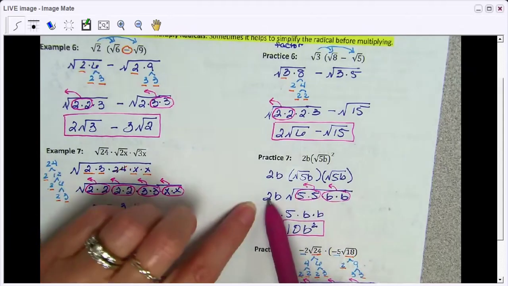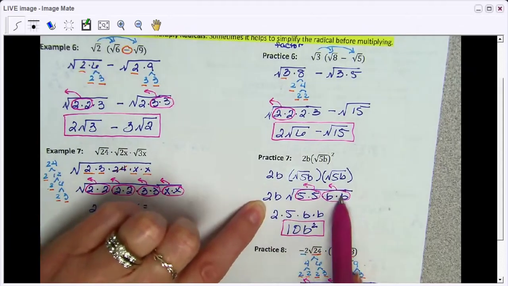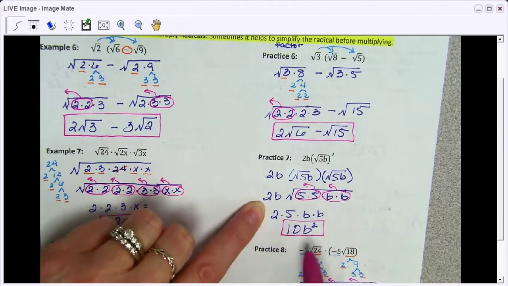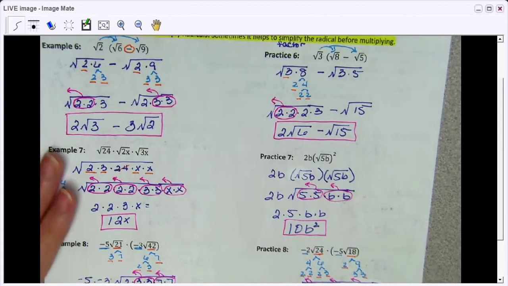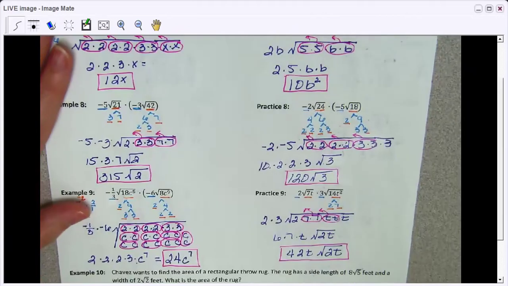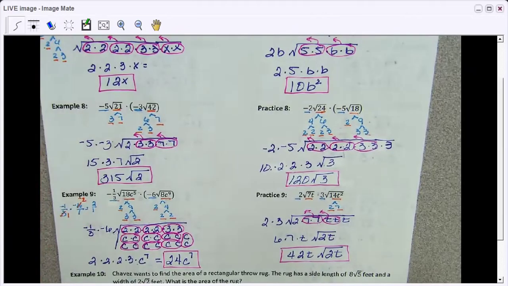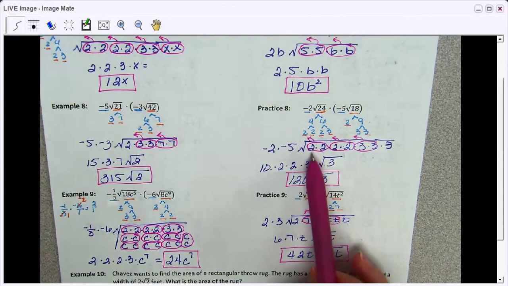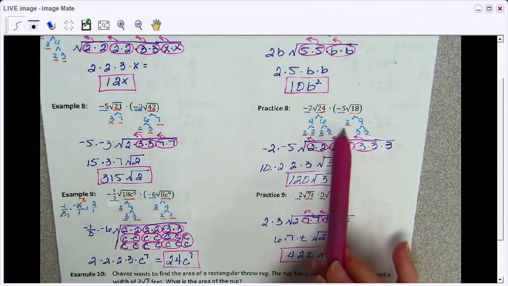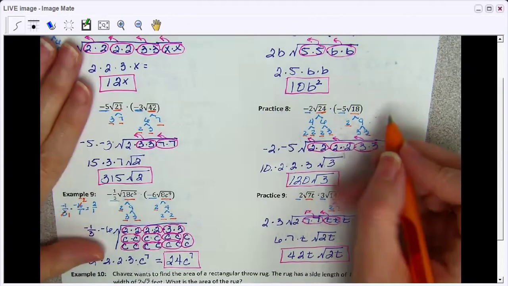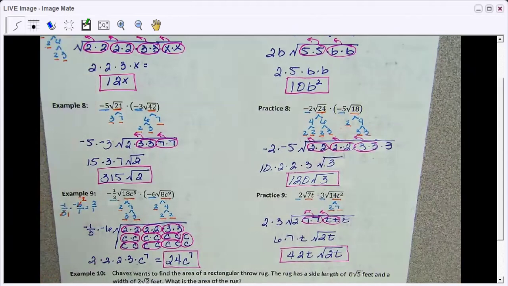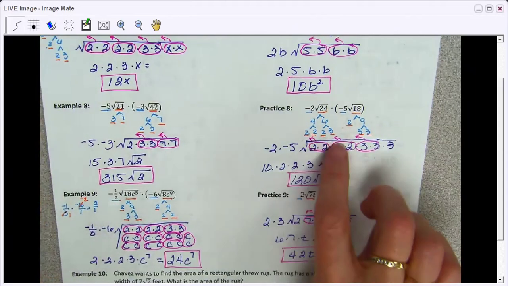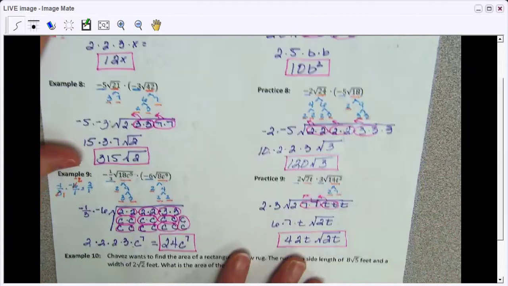So you have 2 times 5 and b times b. So 2 times 5 times b times b. And then here is 8 and 9. I messed up a couple times on 8 because I forgot one of my numbers. So that's why I tend to underline them so I make sure I don't forget them.